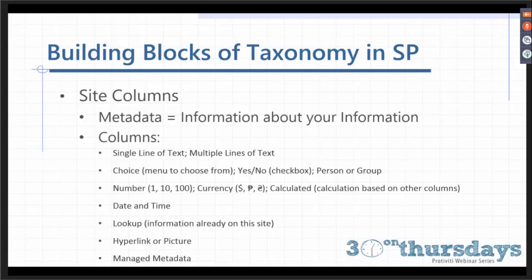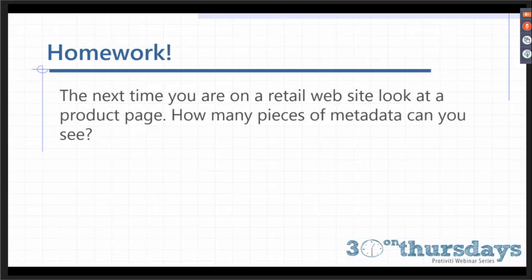And then there are some numerical options, currency, as well as calculated values based off of other fields within the list you're in. So those are some of the general categories of site columns that you'll have. And as I mentioned, those site columns are the most granular pieces of metadata.